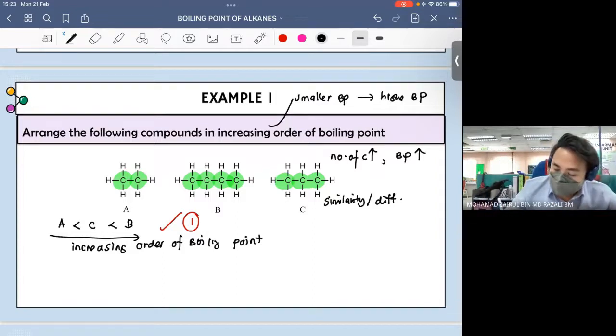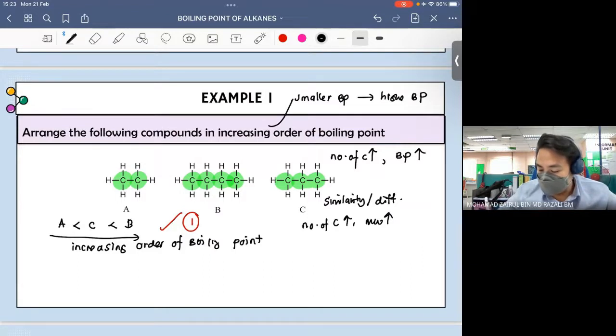So we say, as the number of carbons increases, molecular weight also increases. If molecular weight increases, molecular size also increases. Because now we want to talk about van der Waals forces, and van der Waals forces must relate back to the point of contact, since van der Waals forces exist at the points of contact.